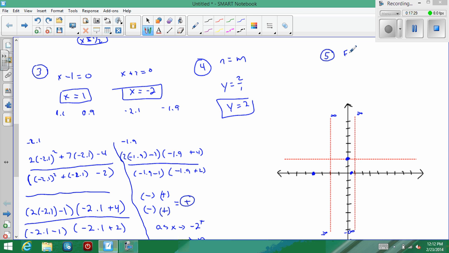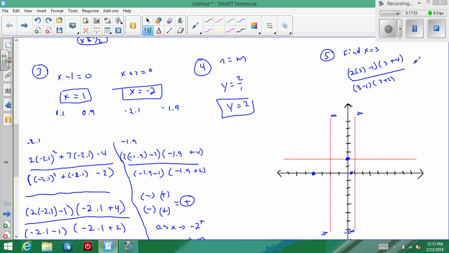So I'm going to find when x equals 3. So 2 times 3 minus 1 times 3 plus 4 over 3 minus 1 times 3 plus 2.